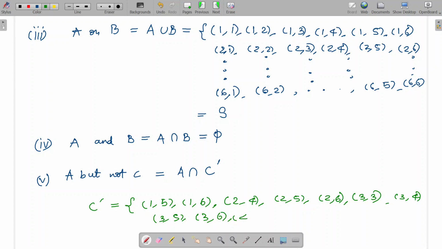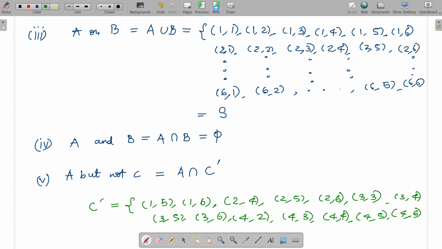then 4 comma 2, 4 comma 3, 4 comma 4, 4 comma 5, 4 comma 6, and many more, okay.